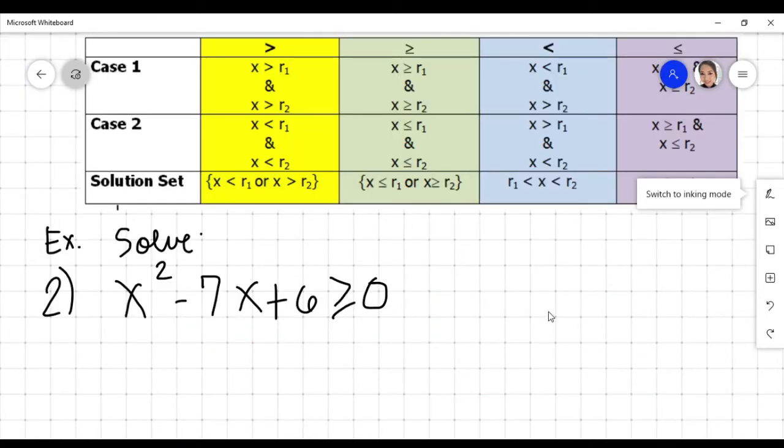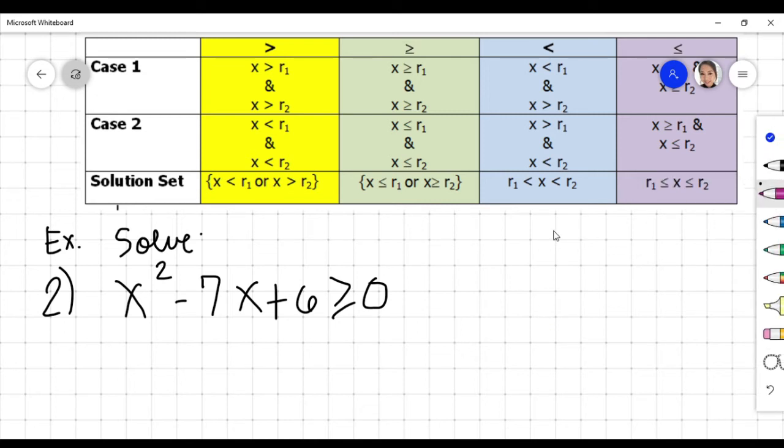Number 2, solve x squared minus 7x plus 6 greater than or equal to 0. So first, let's rewrite it into the quadratic equation. x squared minus 7x plus 6 equals 0. Using Vieta's, we can solve the roots for this equation. So the roots are 1 and 6.